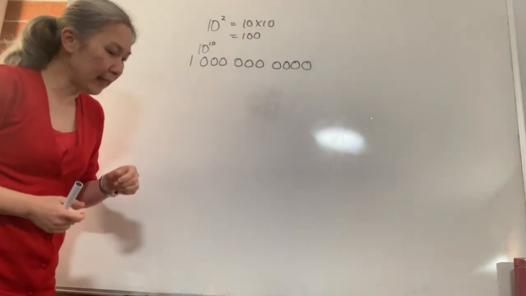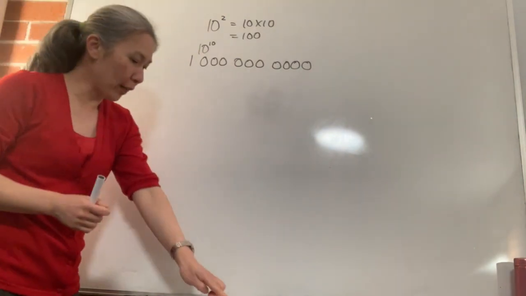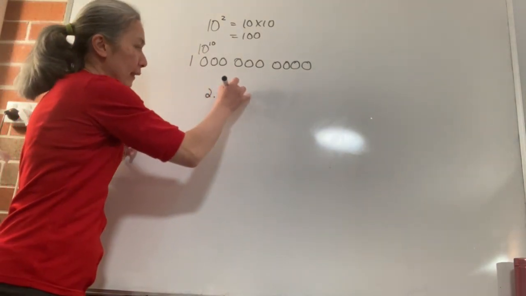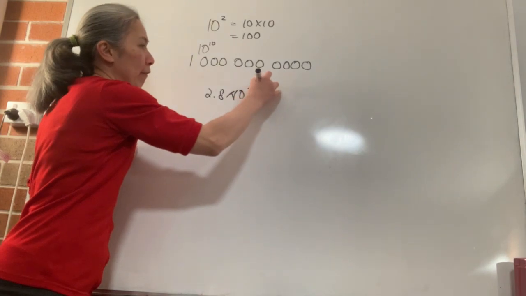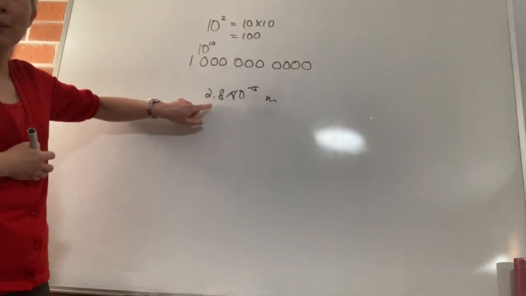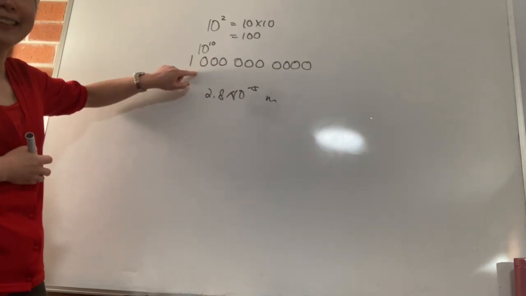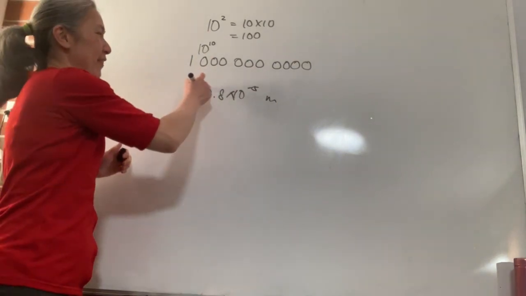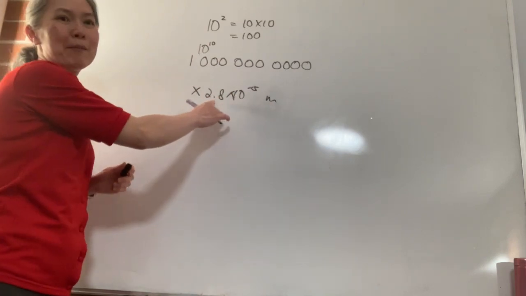And part B says that each brain cell is 2.8 times 10 to the power minus 5 meters long. So if you have that many, and each of them is that long, what do you need to do with these two numbers? Times them. That's right. You are going to take this and times it by that.